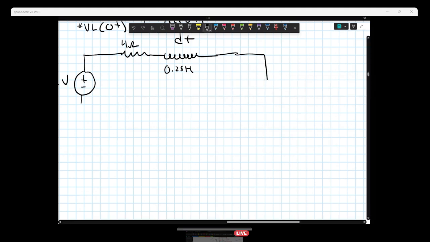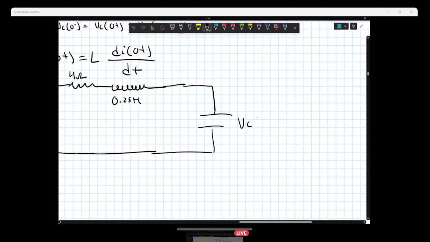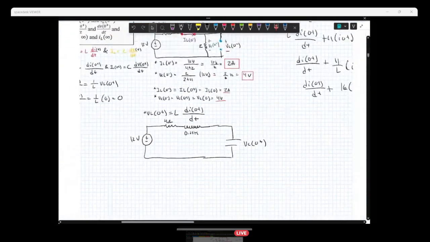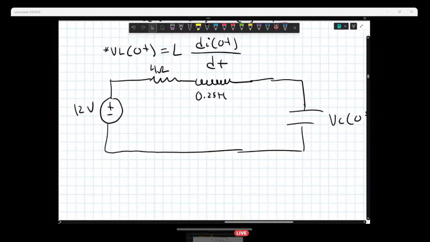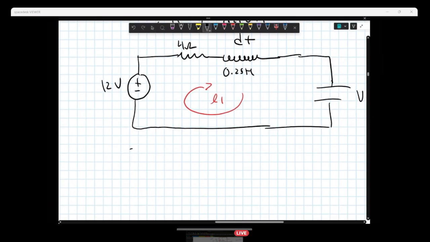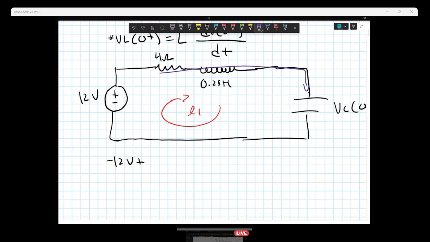So then you have this capacitor, which we're going to call VC of 0 plus. Okay. If I write KVL around this loop, I'm going to get minus 12 volts plus, and the current I'm looking for is I of 0 plus.